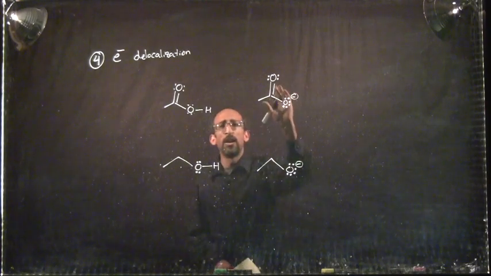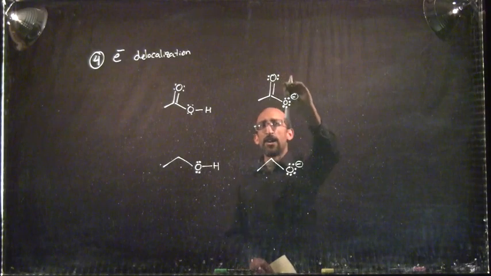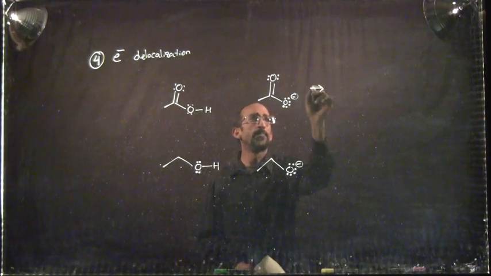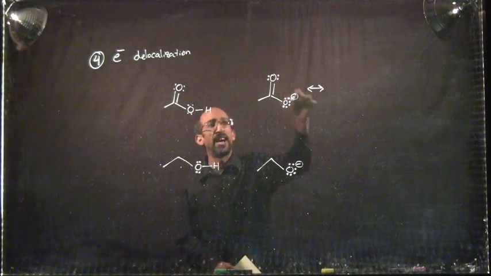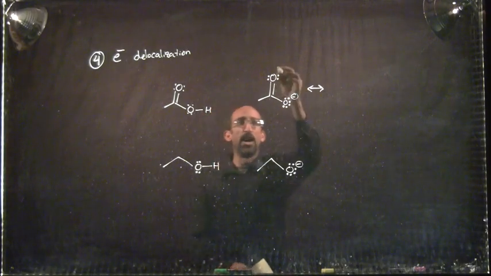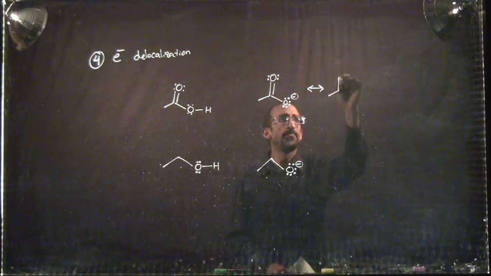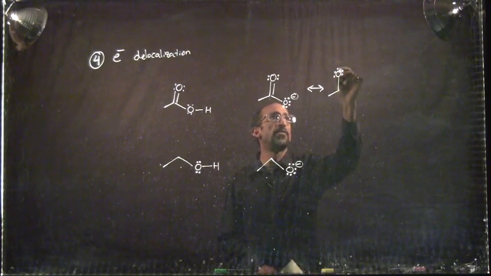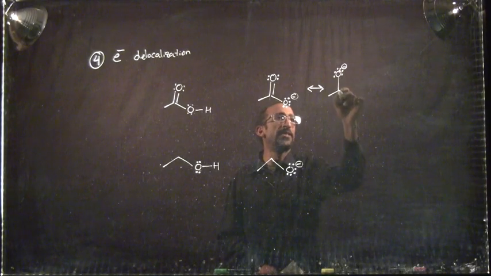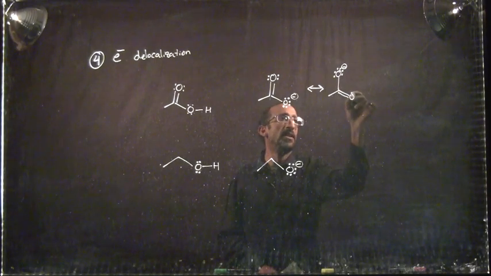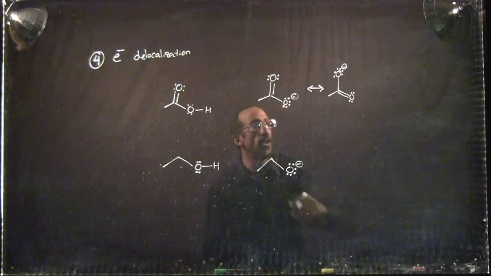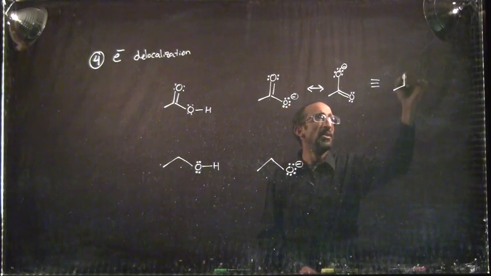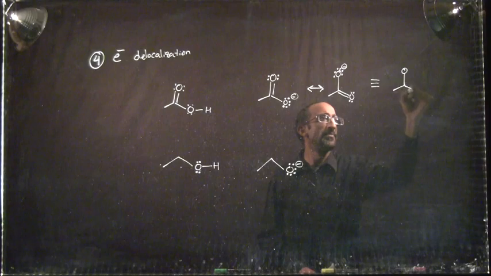we see that for our acetate anion, our deprotonated acetic acid, we can draw a resonance structure for it. We can delocalize that negative charge across a few different atoms. So our second resonance structure for it would look like this. And our overall resonance hybrid looks like this.